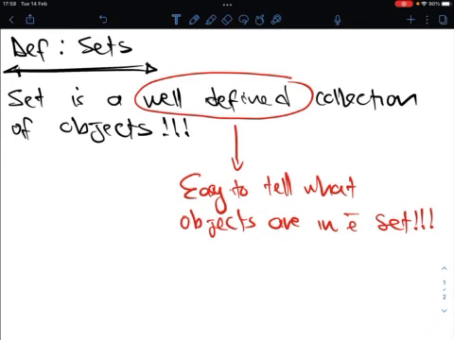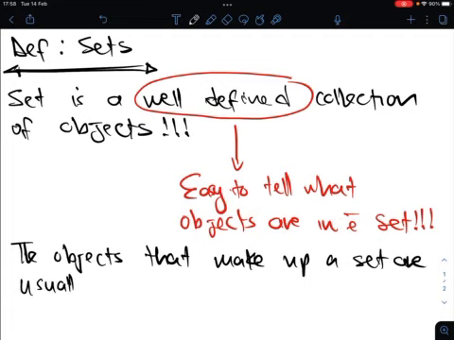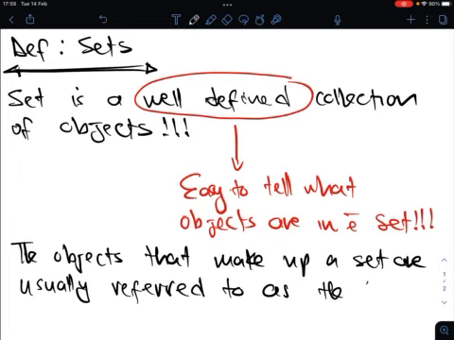But then the other thing that you have to know is that the objects that make up a set are usually referred to as the elements of that set.